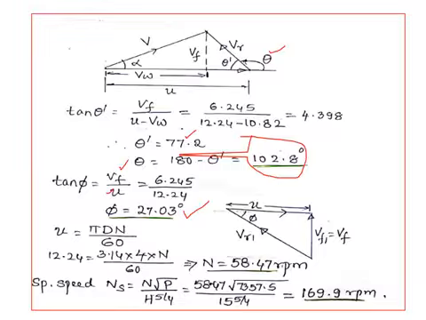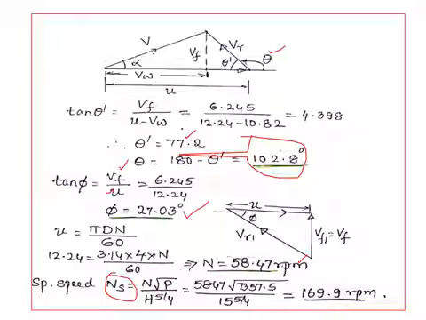To calculate the speed of the turbine, we know u is equal to pi dN by 60. Knowing u and d, we can calculate N, which comes to 58.47 rpm. We are also asked to calculate the specific speed. Specific speed is the speed of a geometrically similar turbine which, when working under a head of 1 meter, will develop 1 kilowatt power.